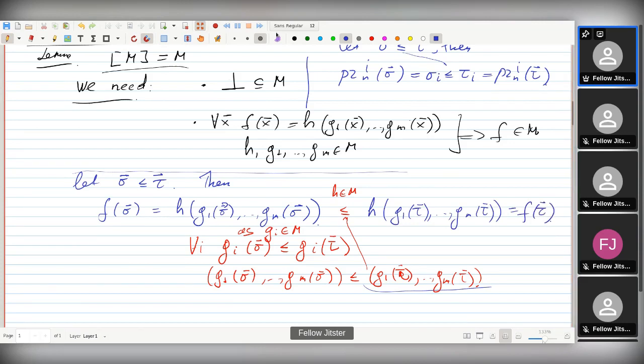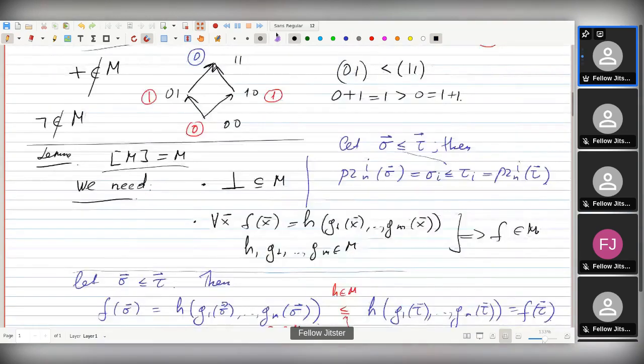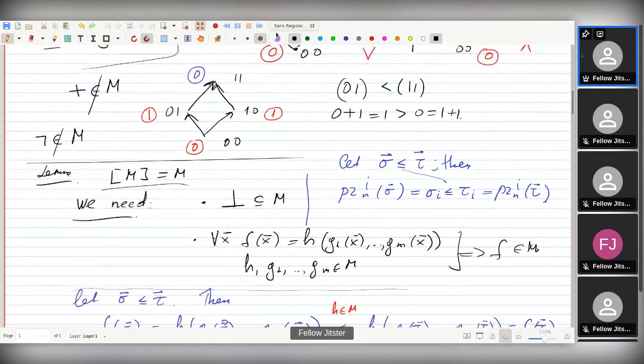That's it. So this proves that the closure of M is included in M, hence the closure of M equals M. This class is closed. It is a closed set of Boolean functions.